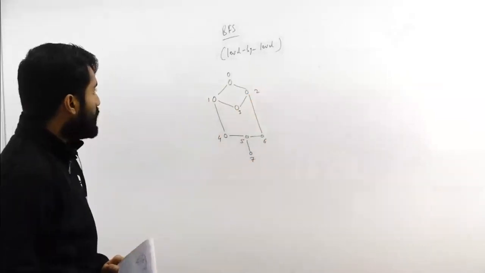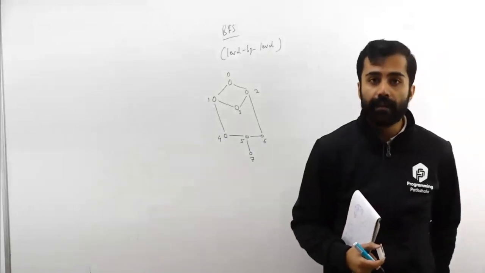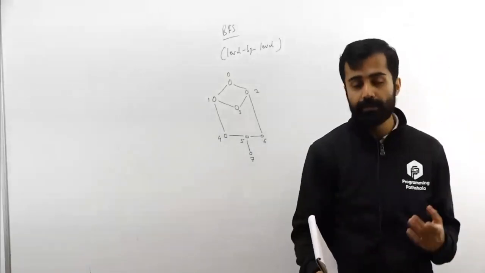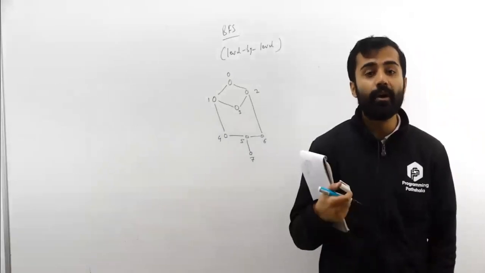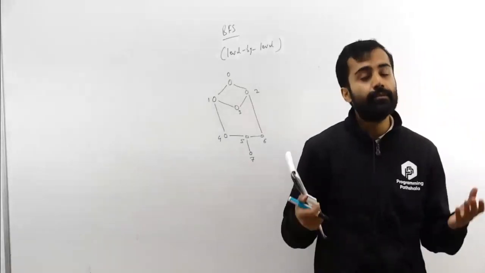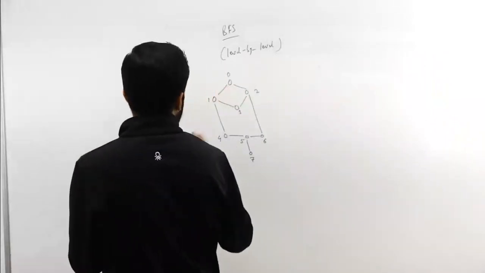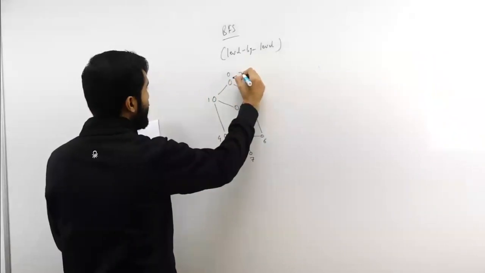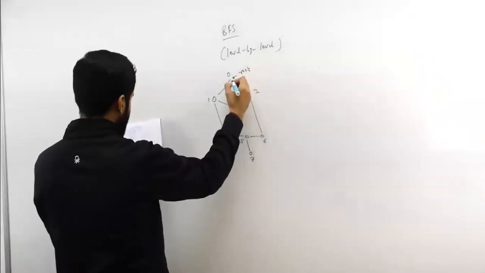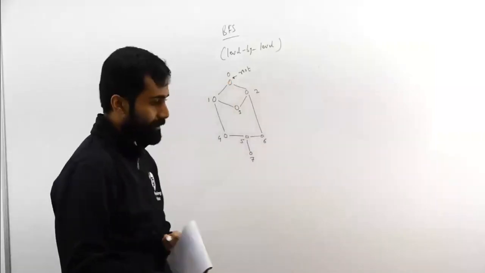Now, I told you that in case of a graph, there is no concept of root. Because there is no concept of root, there cannot be a concept of level. So what you can do is randomly choose your own root, and whatever is your root, you can regard that as your level 0. So this is your root. You can say that this is your level 0 currently. So root is always at level 0.